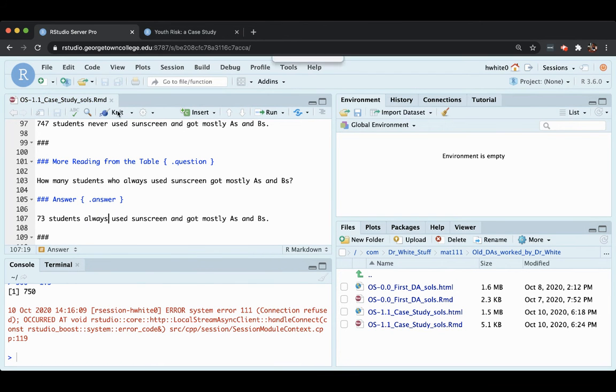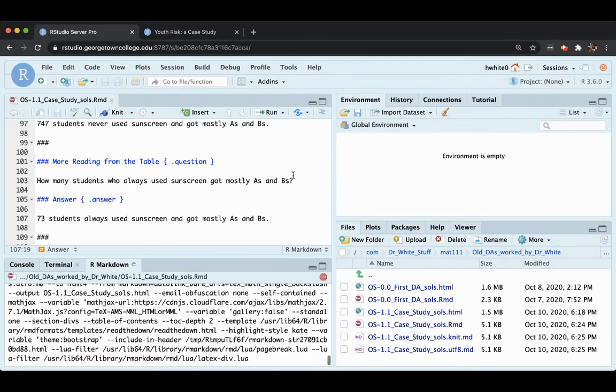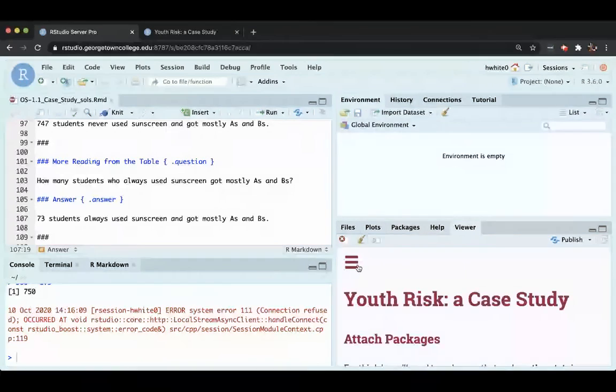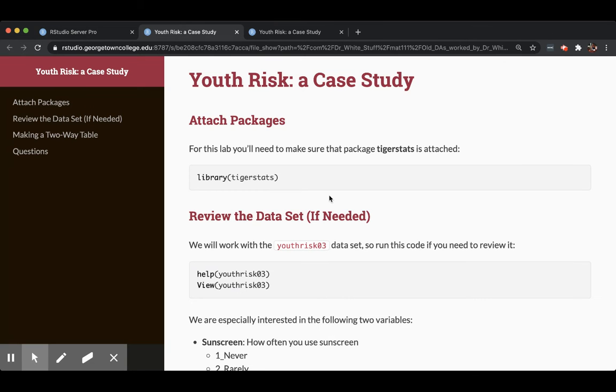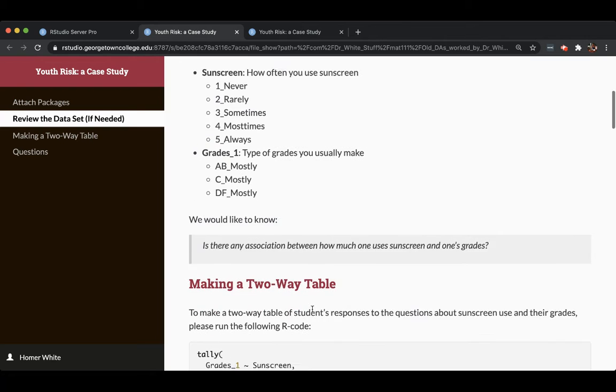Okay, save that and knit it. Okay, and I'll pop that up and refer to that from here on out.